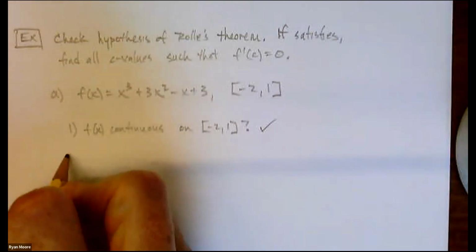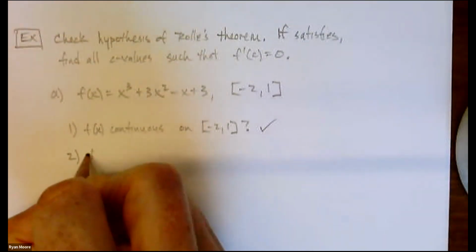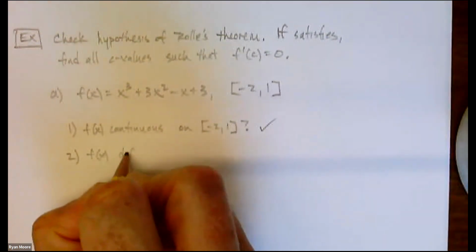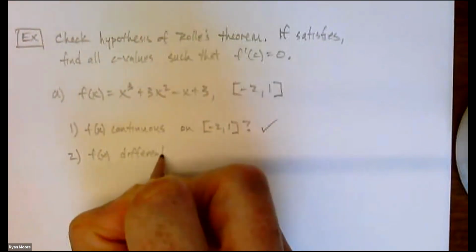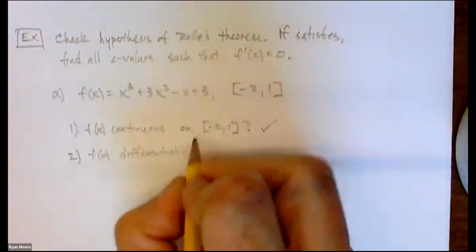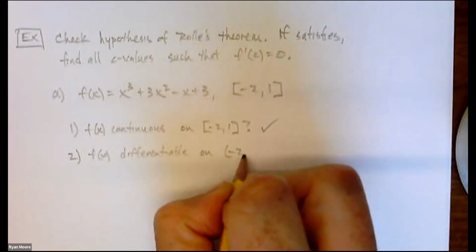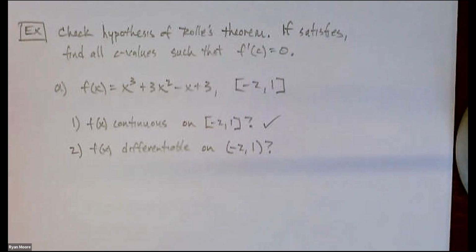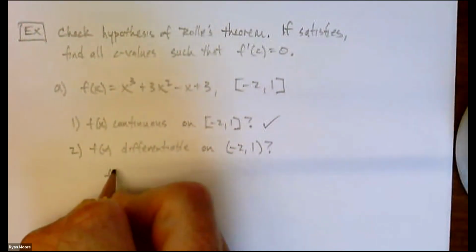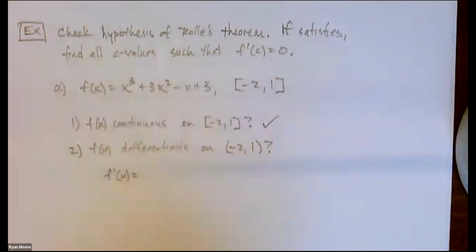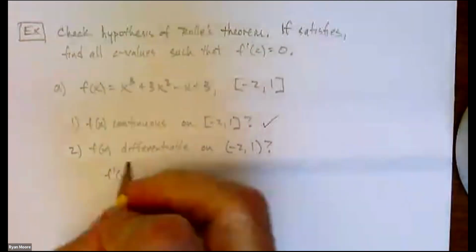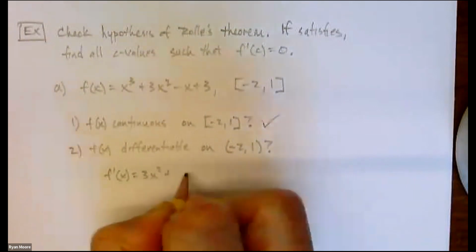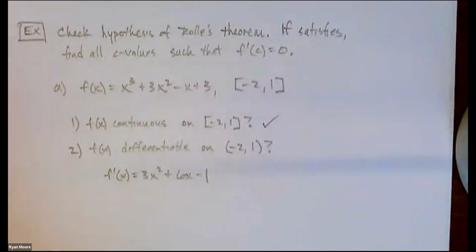Number 2: is f of x differentiable on our interval? Technically it's the open interval that uses parentheses, because we don't care about the endpoints themselves. Here there is a little something to do. Differentiability is all about the derivative. Does the derivative exist? So let's find the derivative: 3x squared plus 6x minus 1.